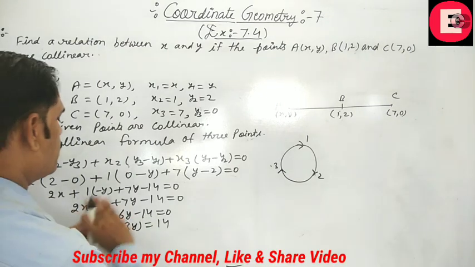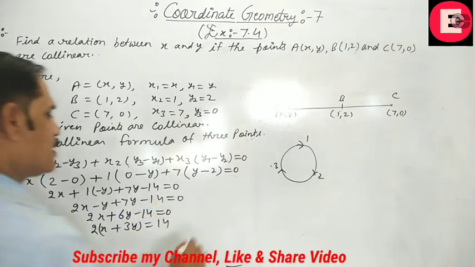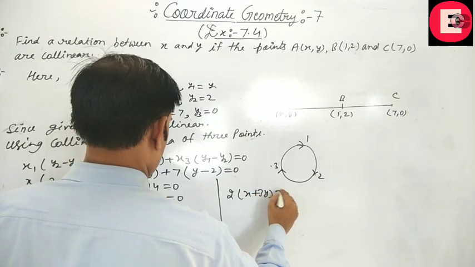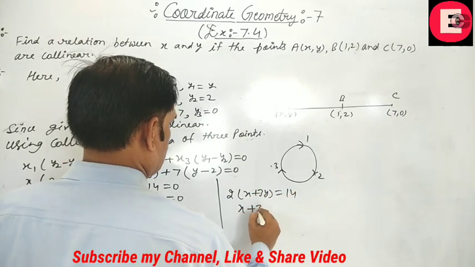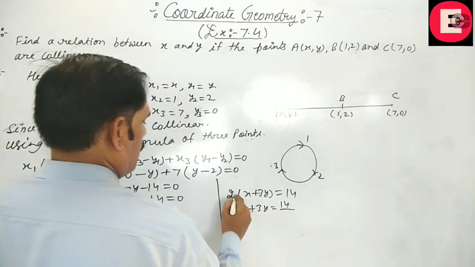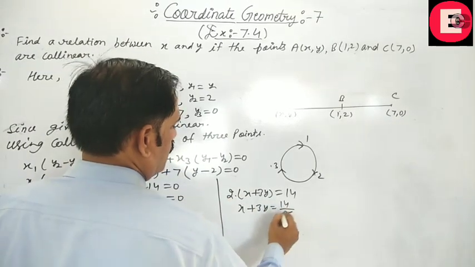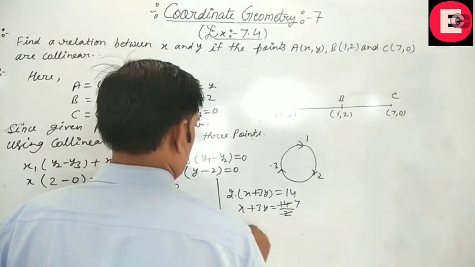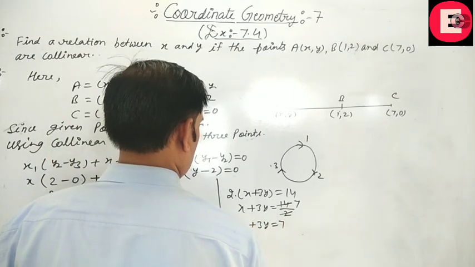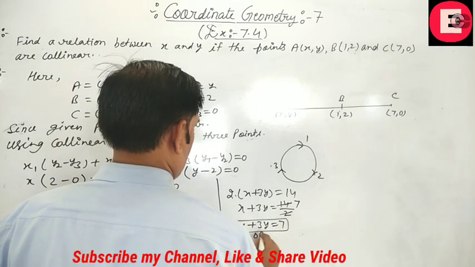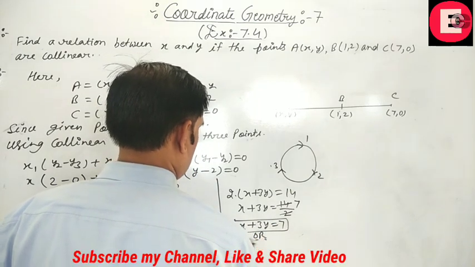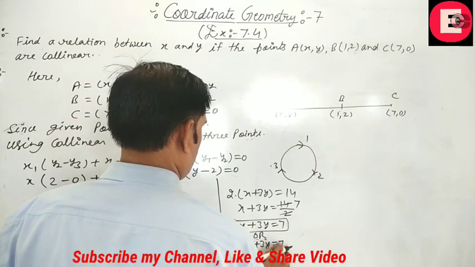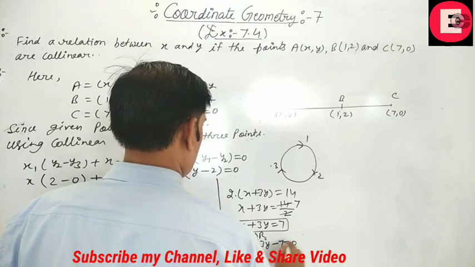The 14 is transferred to the right side, so 2x + 6y is equal to 14, and dividing by 2, x + 3y is equal to 7, or x + 3y - 7 is equal to 0.